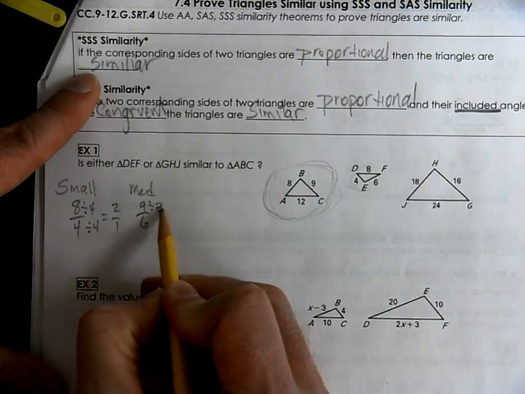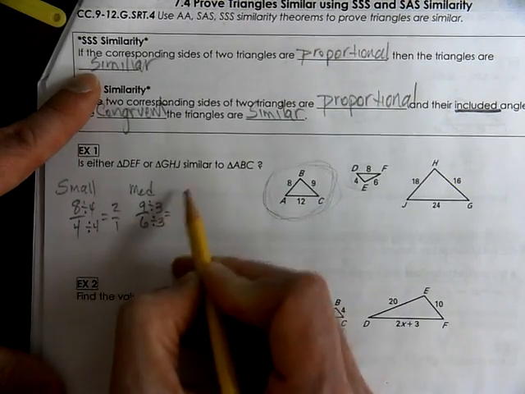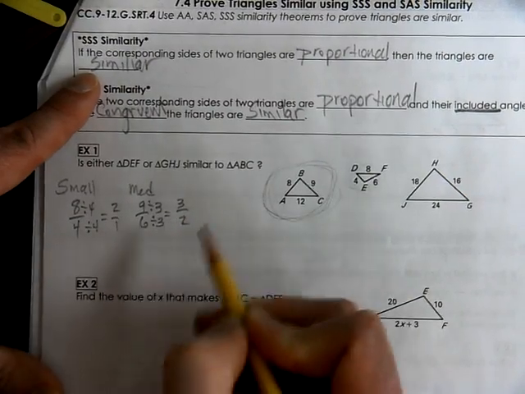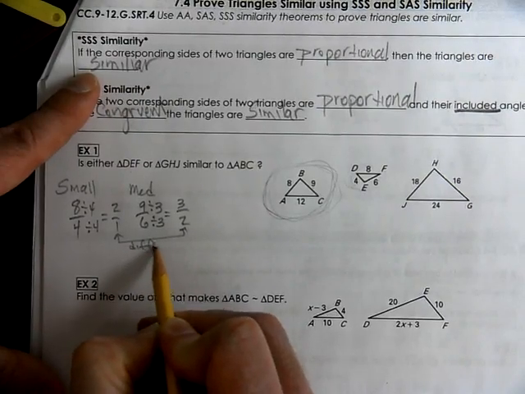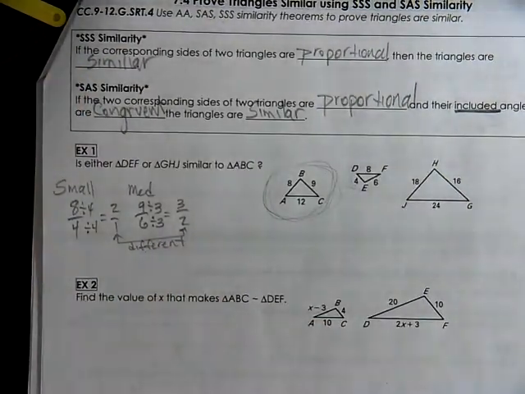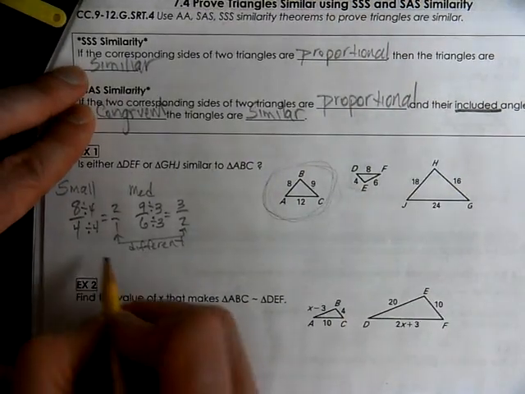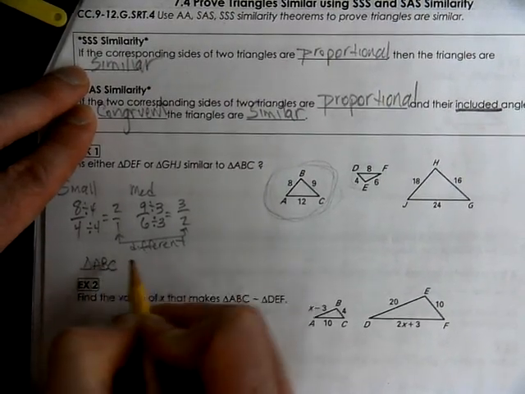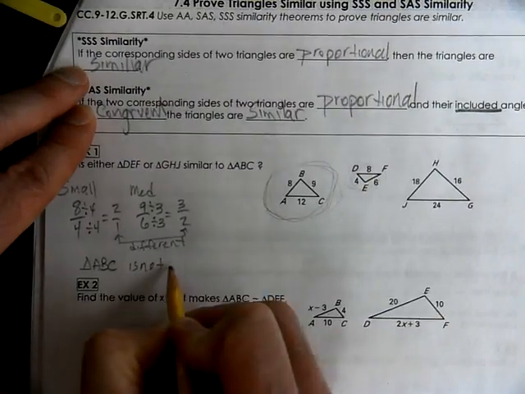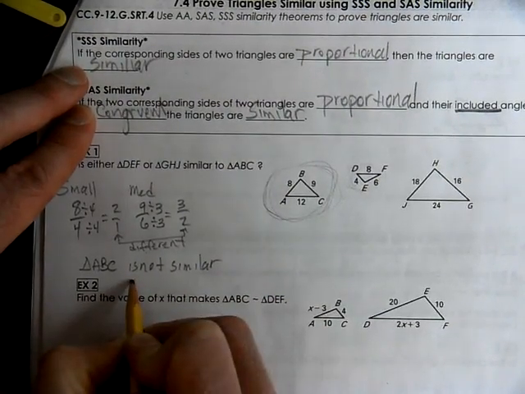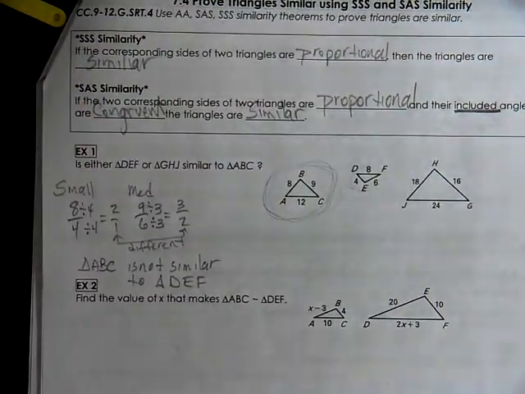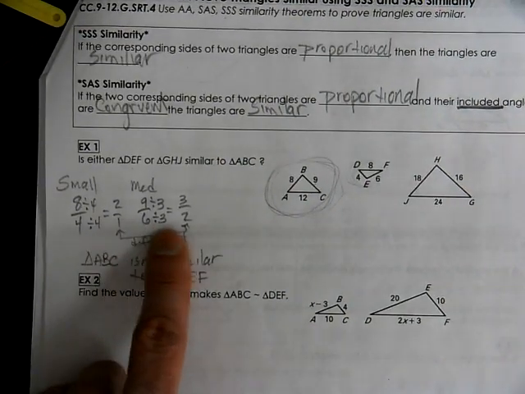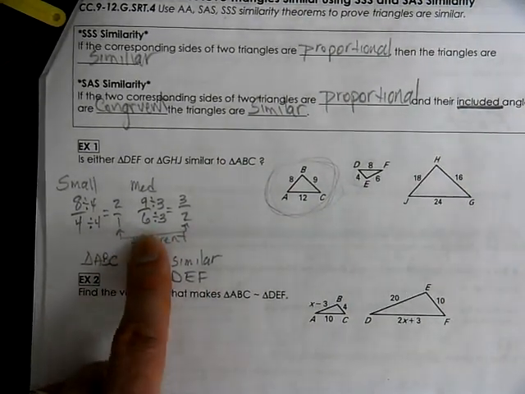I can reduce that one. Looks like 3 goes into both of those. 3 goes into 9 3 times. 3 goes into 6 2 times. These are not the same. Those ratios are supposed to be the same if the triangles are similar. So I know that triangle ABC is not similar to triangle DEF. They did not create a continuous scale factor.